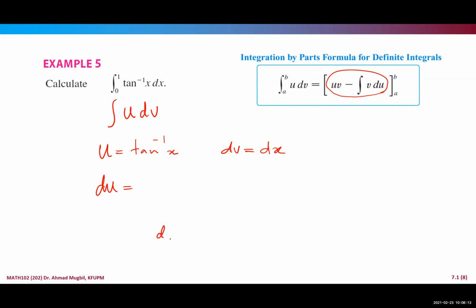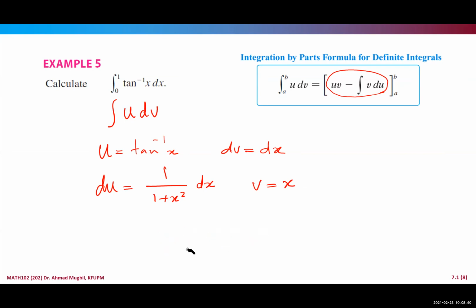What is the derivative of tan inverse? 1 over 1 plus x squared. And we should write here what? dx. Don't forget the dx, the differential. Good. This is dv. So what is v, Akbar, here? If dv is dx, what is v? It is x, yes.